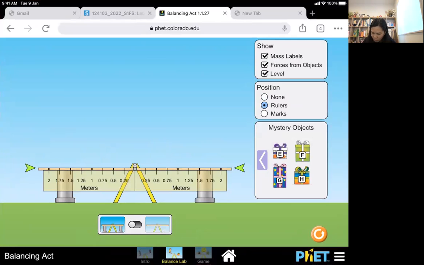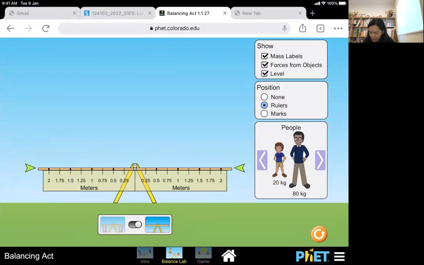We don't need the support, so remove the support by toggling that button. You have here your mystery objects on the right, but you can also access fixed masses. You have bricks with fixed masses, and the mystery objects here. So let's try to do mystery object 1.